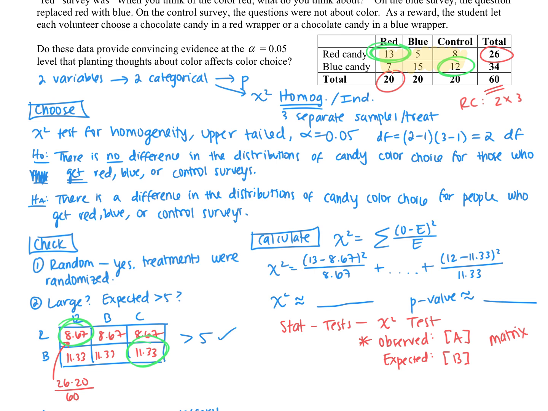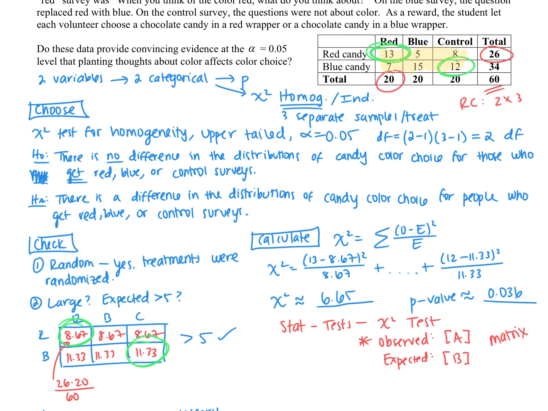Observed is in matrix A, expected we're just leaving, and hit calculate. The calculator should tell you that you have a chi-square value of about 6.65 and a p-value of about 0.036, and degrees of freedom 2, which we already knew. You guys agree? So we all got the same thing even though we didn't put the expected values in?